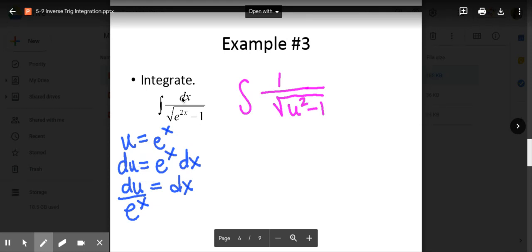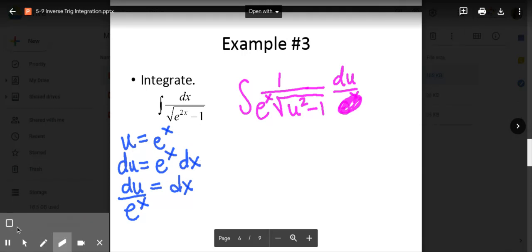And then in place of the dx, I'm going to put du over e to the x. I could move him and put him in front. So instead of writing him there, I could write him here, which e to the x is actually my u, right? So instead of writing e to the x even there, I could write that as my u, because u is e to the x.